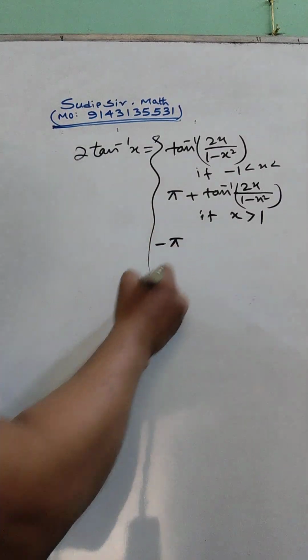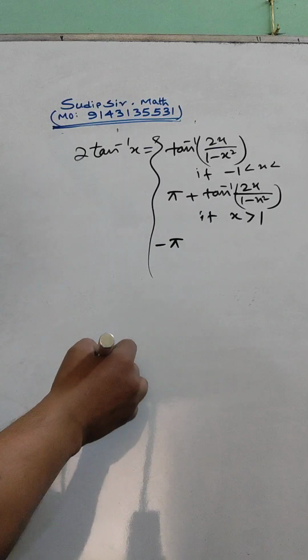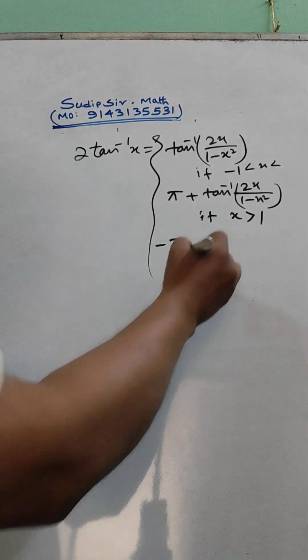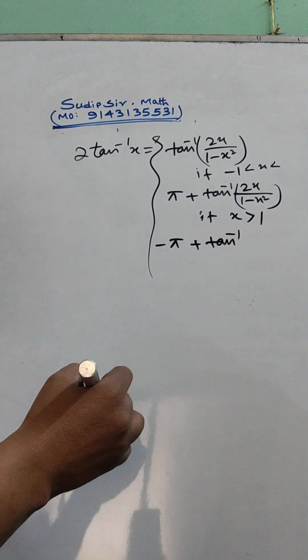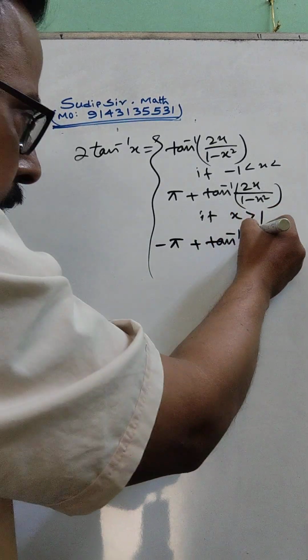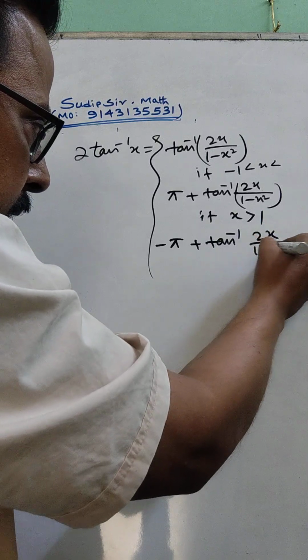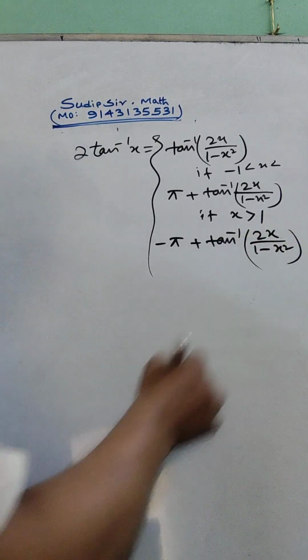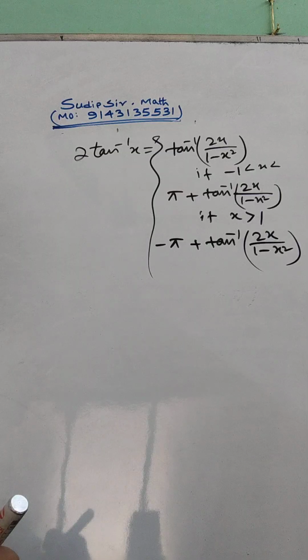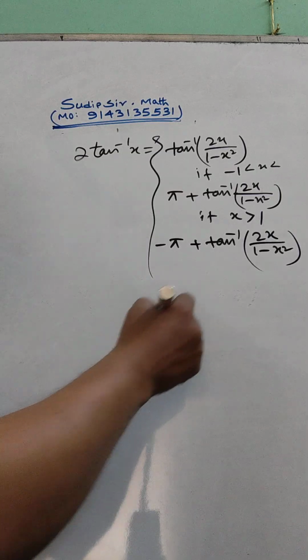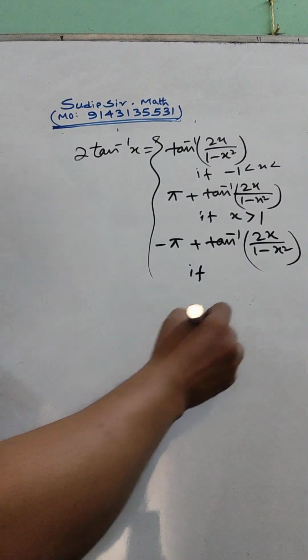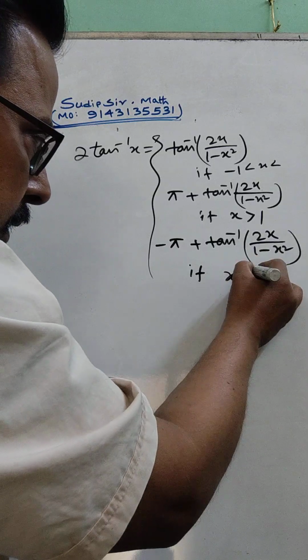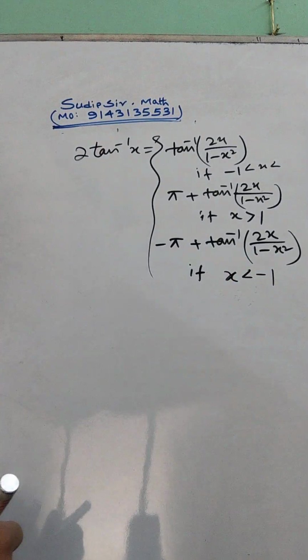And it is equal to minus pi plus tan inverse 2x by 1 minus x square if x is less than minus 1.